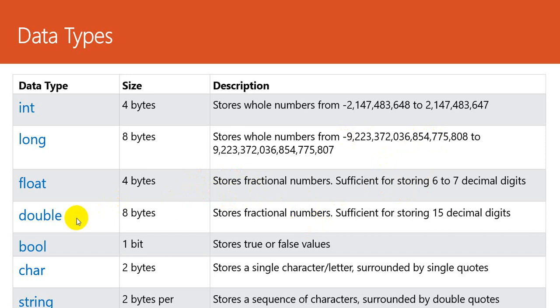You can use wisely which type suits you. Bool takes one bit, and similarly character 2 bytes stores a single character or letter surrounded by single quotes. String 2 bytes per character.